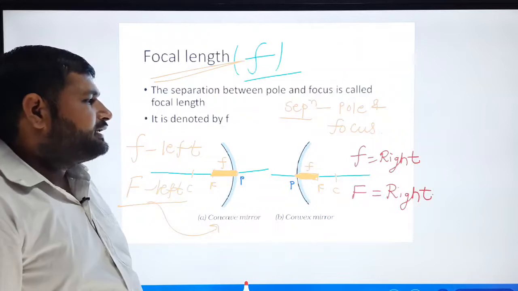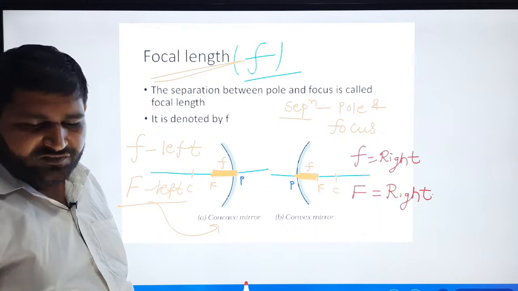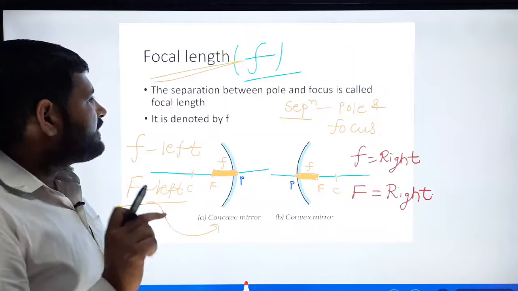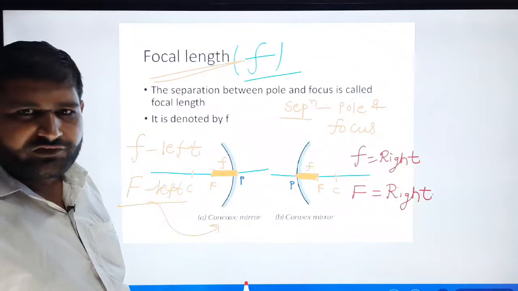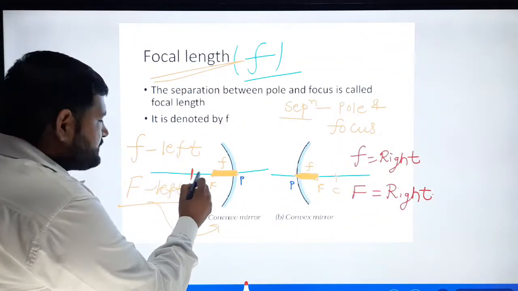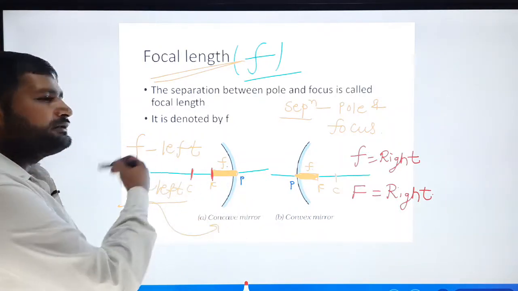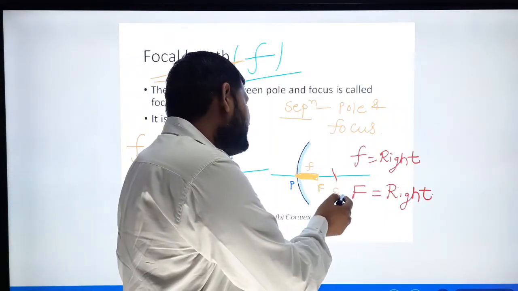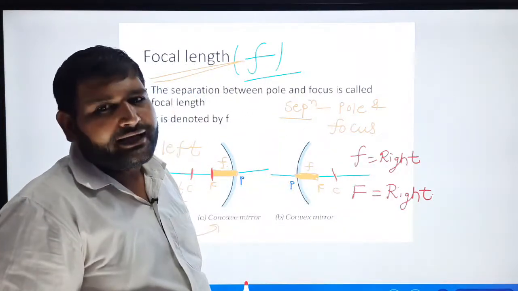Because when we assign the positive and negative sign to the focal length, the radius of curvature, the object distance and image distance, we would require the knowledge of the direction in which the focus, focal length, radius of curvature and center of curvature are placed. So for a concave mirror, the center of curvature, the focus, the focal length and the radius of curvature are on the left side. But in a convex mirror, the focus, the center of curvature, the focal length and the radius of curvature all exist on the right side.